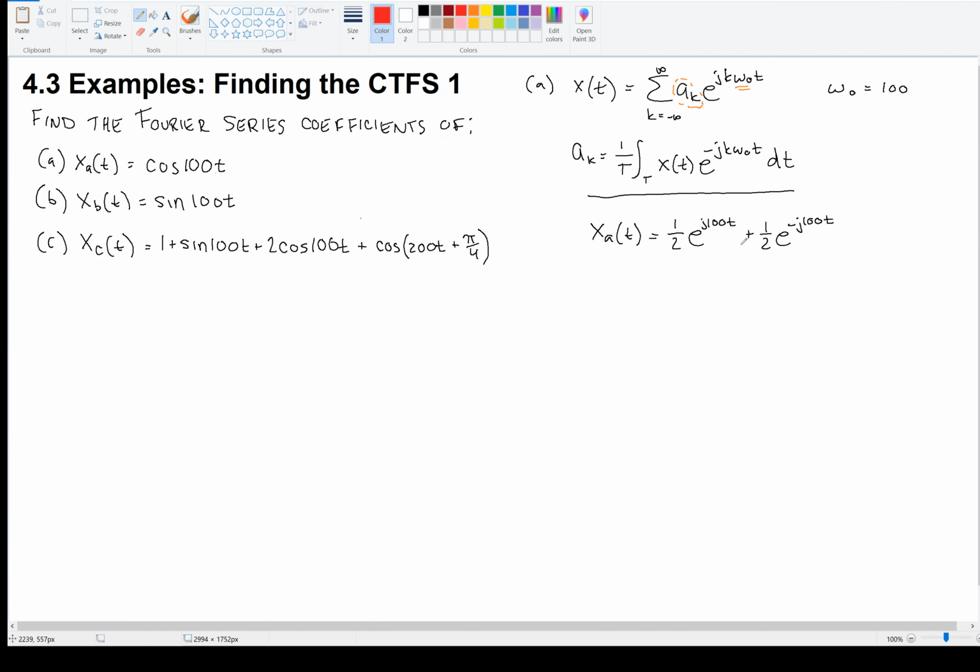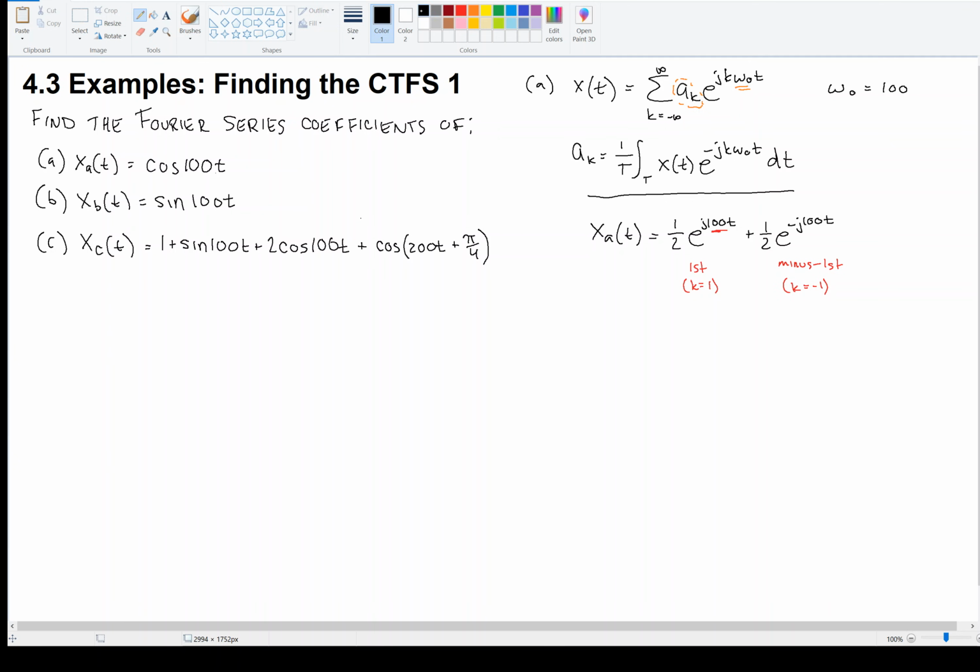So just by inspection, we see a 100 up here. So this is the first harmonic. And we see a minus 100 up here. This is the minus first harmonic. Okay, so in other words, this is the k equals 1 term. This is the k equals minus 1 term.